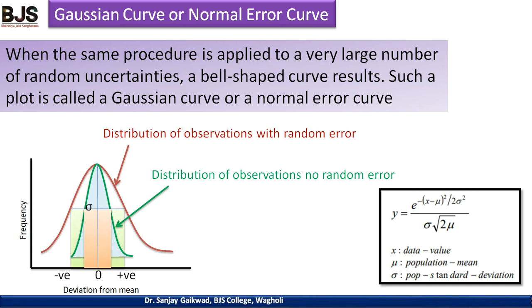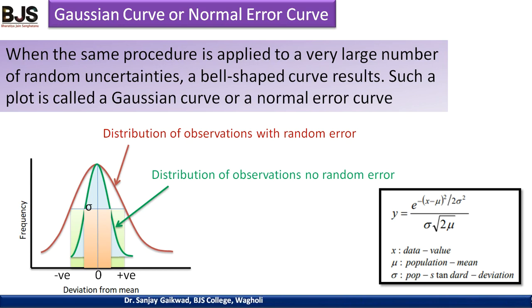Therefore we have to convert this graph into this graph, and we can get the correct result as well as better precision. When we look for high precision and high accuracy, we have to move the results into the distribution of the observations in the green color graph.